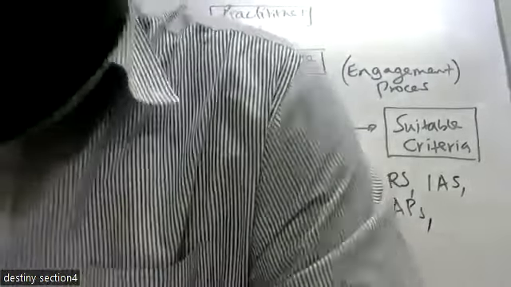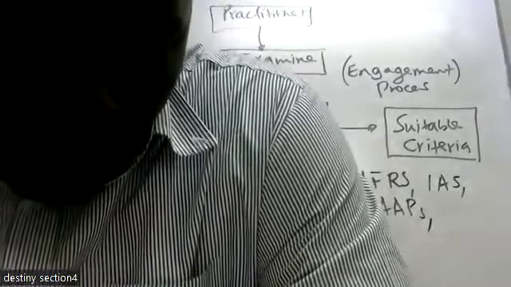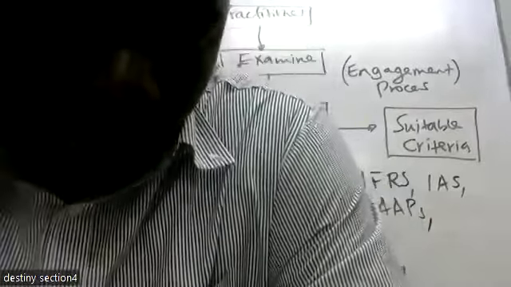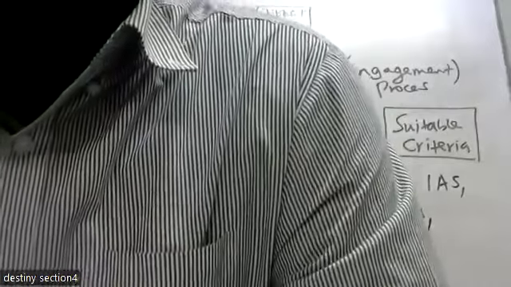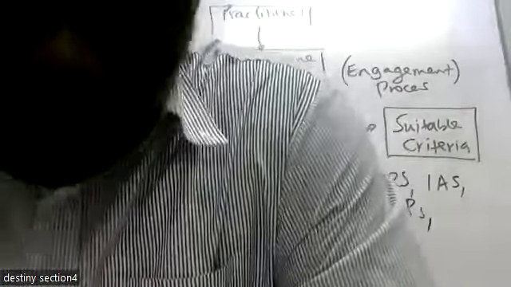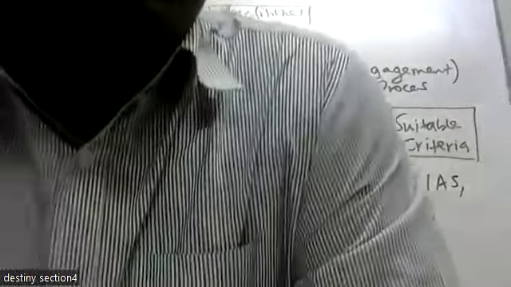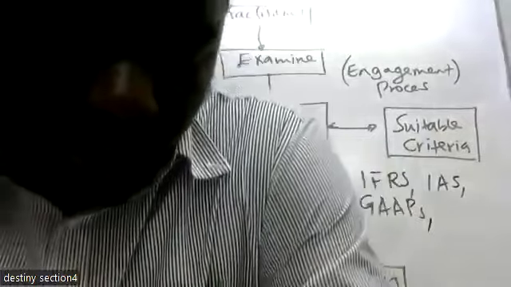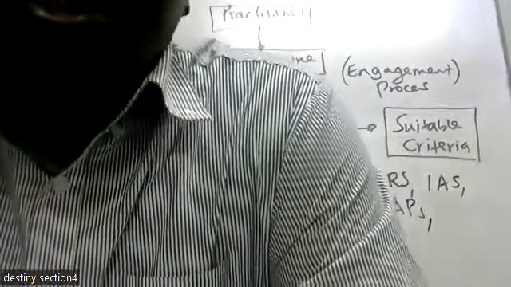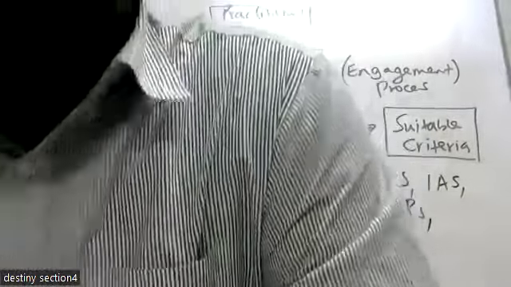And next, reliability, i.e. being credible, truthful, trustworthy, etc. Number four, completeness, i.e. having all the complete details.